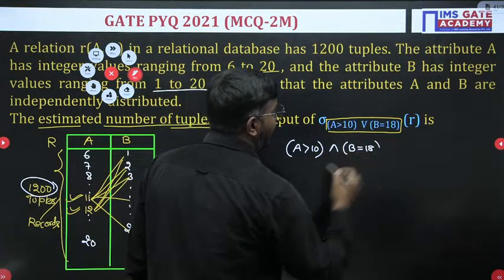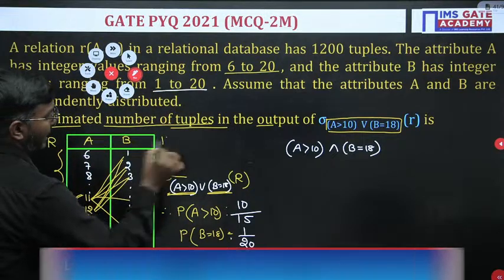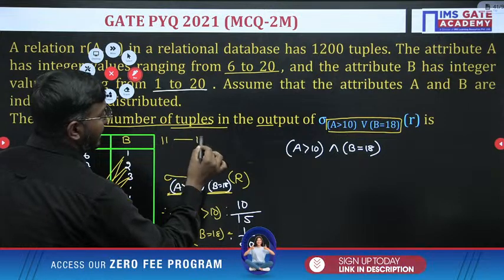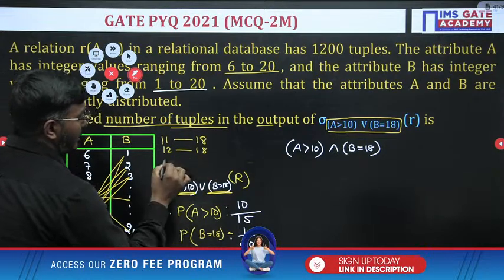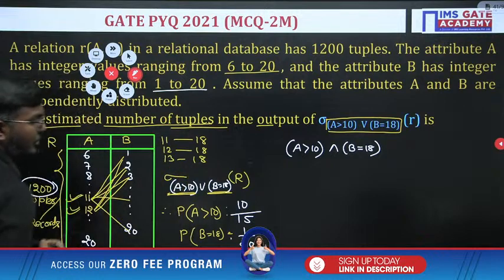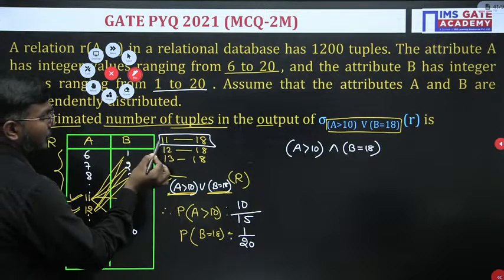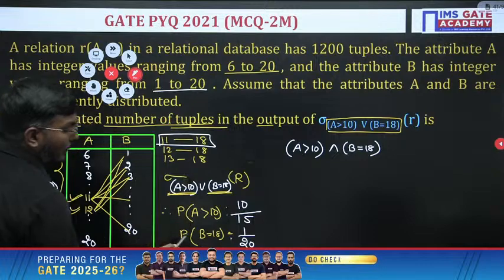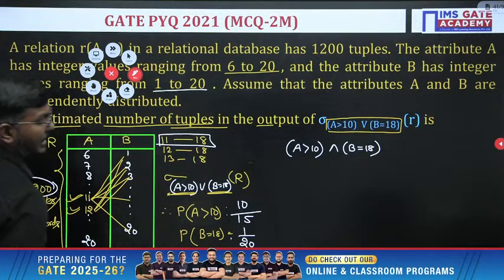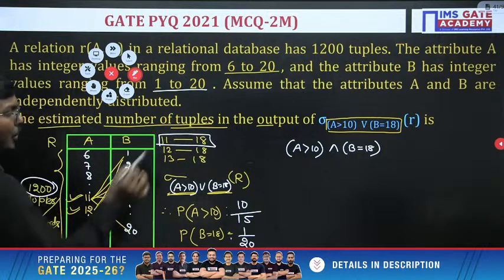So whenever this 11 is joined with the 18, similarly when this 12 is joined with the 18, 13 joined with the 18, I can see these values getting counted twice. Once we counted them in the probability of A greater than 10, and we also counted these records in B equal to 18. Understood? So we need to remove this duplicacy, since we counted these values twice.